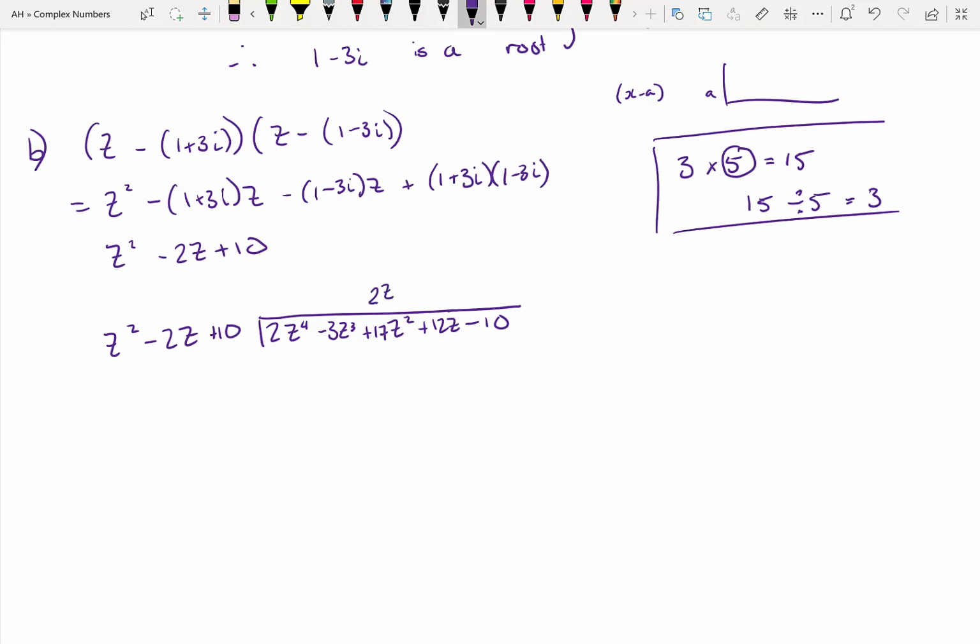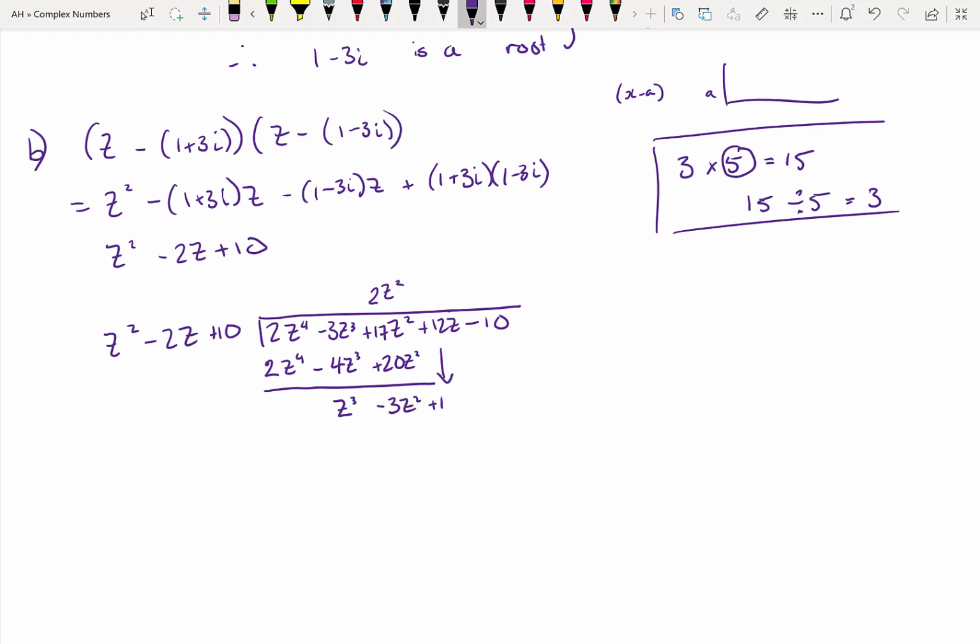So I multiply all of this by 2z squared, and I get 2z to the 4 minus 4z cubed plus 20z squared. Subtract what I've got, and that leaves me with z cubed minus 3z squared.